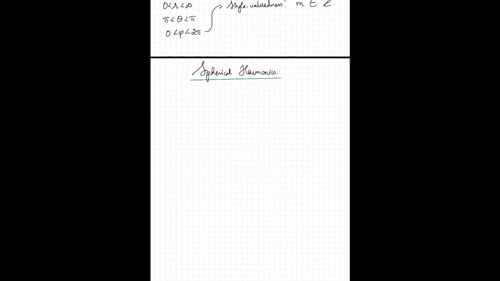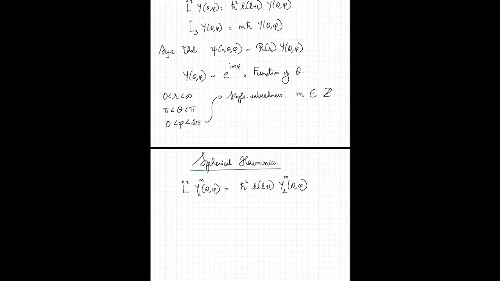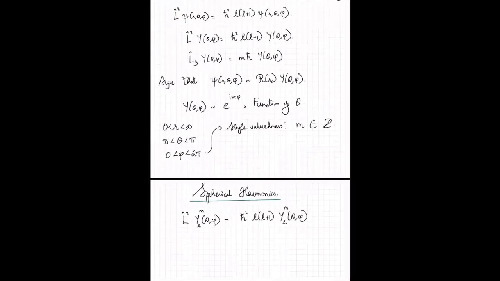Remember that these are simultaneous eigenfunctions of L square and L3. So L square acting on Y theta comma phi equals h bar square L times L plus 1 times Y theta comma phi. And since these Y's carry information about both the theta part and the phi part, they are usually labeled by two indices, the L and the M. Remember, M is the angular quantum number of the L3 operator, and L is related to the eigenvalue of the L square operator.